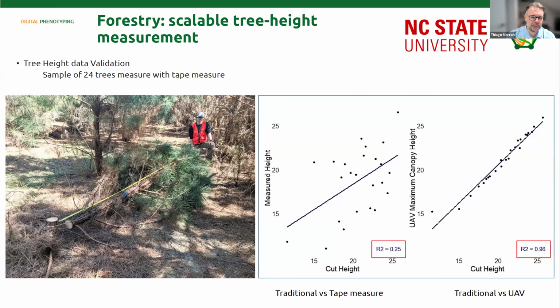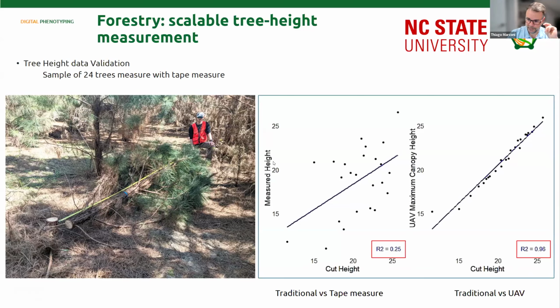But then how do we make sure that that data was really accurate, right? Because the data that we had to compare was the data measured by the hypsometer that I showed you before. So what they actually did, they cut down 24 trees and measured with the measuring tape, right? So with that, we did the correlation.